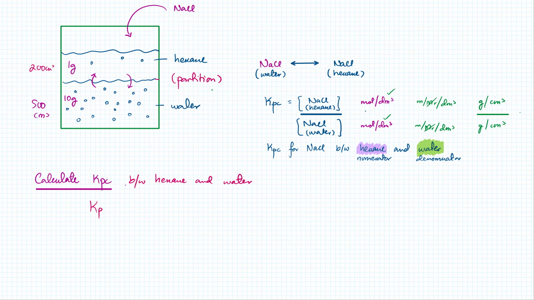So the KPC would be, for hexane, 1 gram divided by 200, and for water at the bottom, 10 grams divided by 500. The hexane has to be on the top because it's coming first, and water has to be at the bottom.